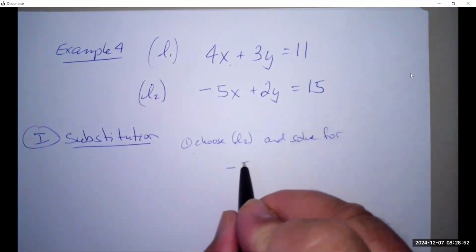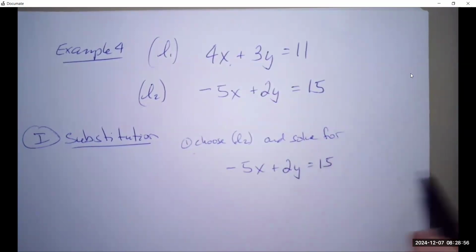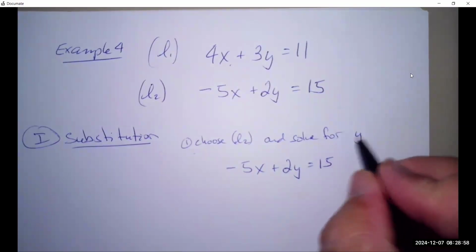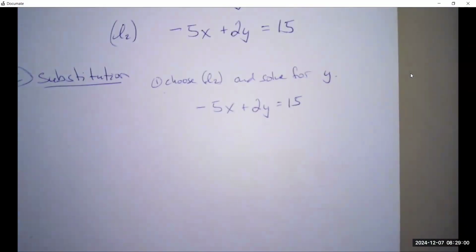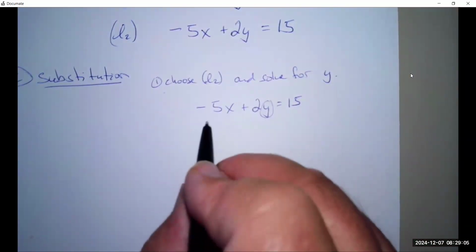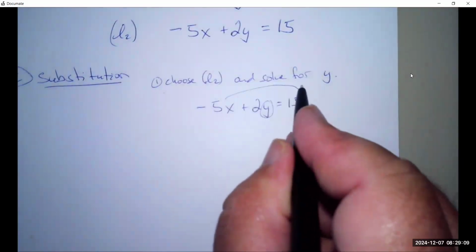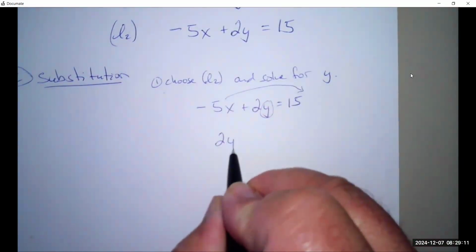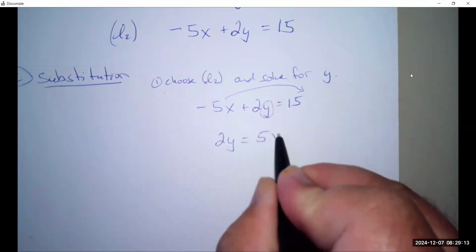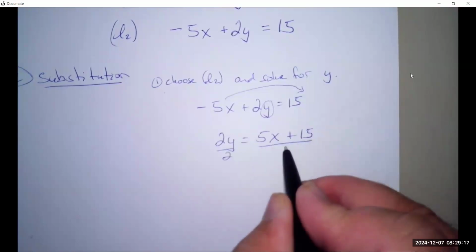So we have negative 5x plus 2y equals 15 and solve for y. So move the 5x over there. So we have 2y equals 5x plus 15 and divide by 2.